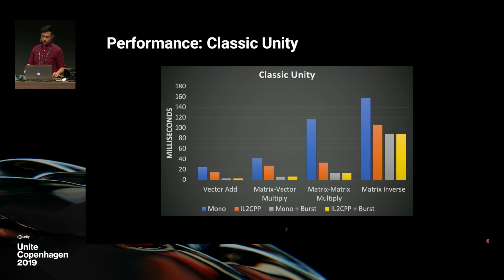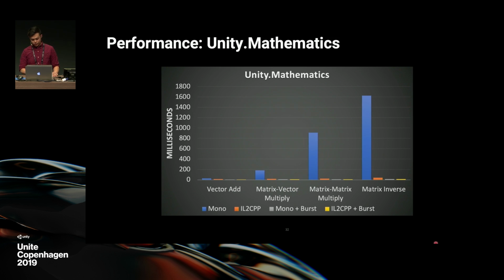And the biggest thing to just notice is that for each one of these tests, going from mono to machine code, any compiled version, it's significantly faster. So unless you have a really good reason to deploy a game using mono only, I highly encourage you to compile the code. And then there's Unity Mathematics.